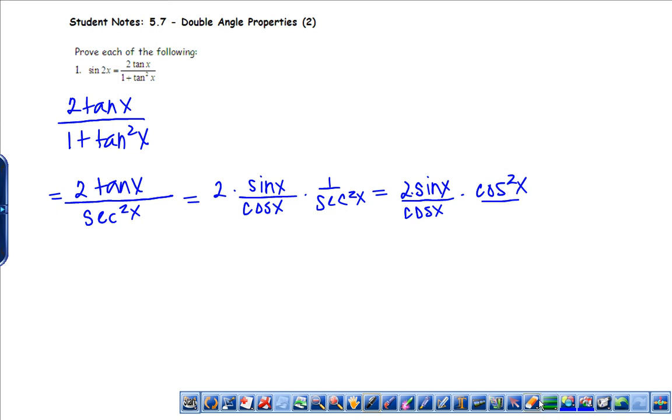At this point I know I can start reducing. I can take out a cosine, and it looks like I have my answer. That gives me 2 sine x times cosine x, and that is equivalent to my answer, sine of 2x. Now this is not the only way you can do it. Remember, there's multiple ways.